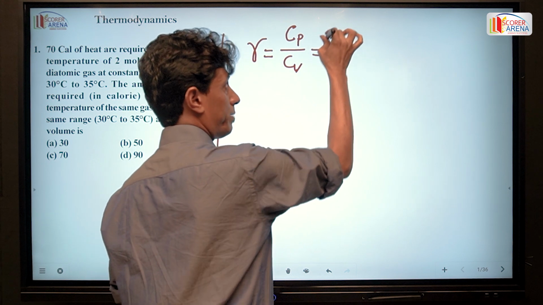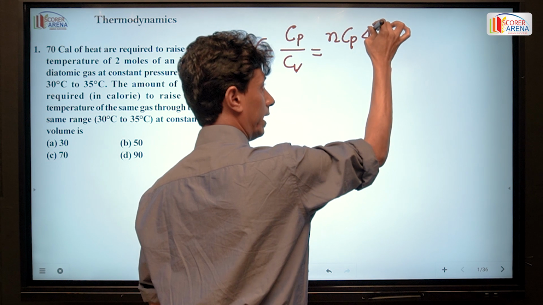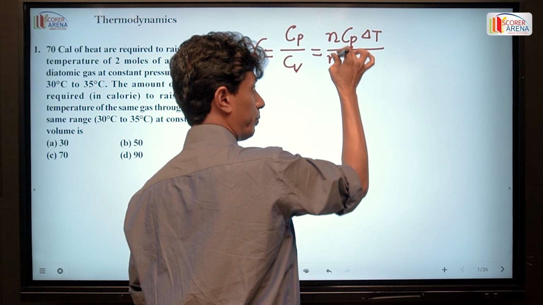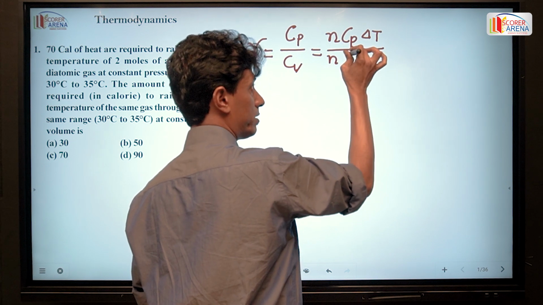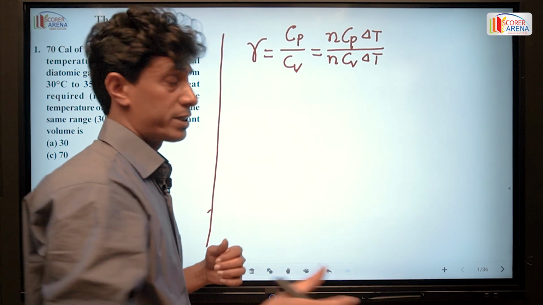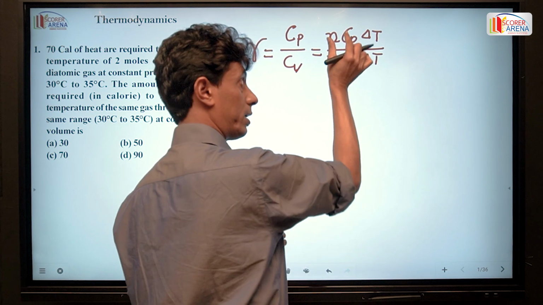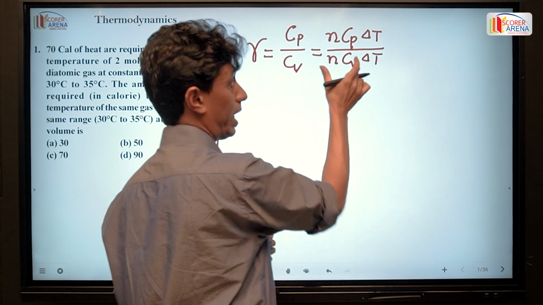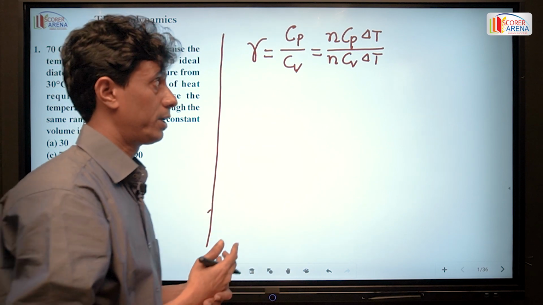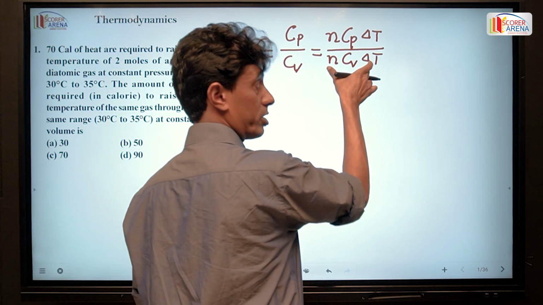If we multiply by the number of moles n, Cp and by del T, that is the change in temperature, and n multiplied by Cv del T, it means the amount of heat required to change the temperature by del T at constant pressure, and the amount of heat required to change the temperature of the same gas at constant volume.